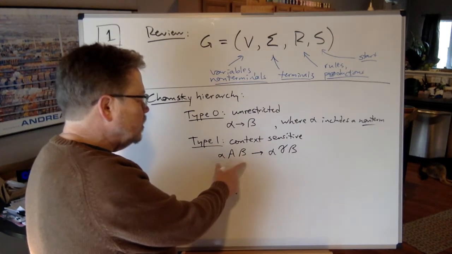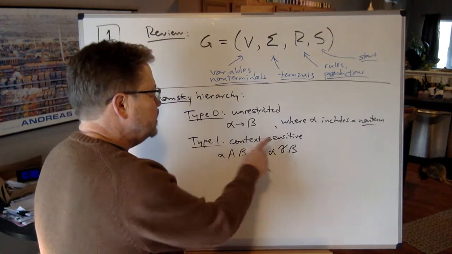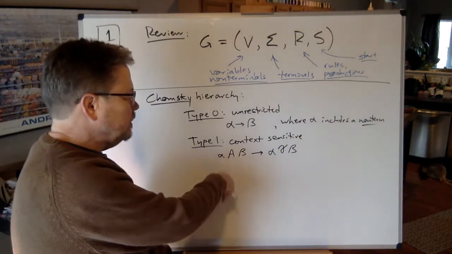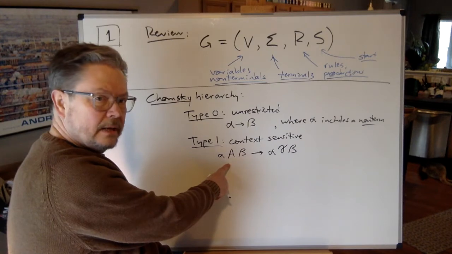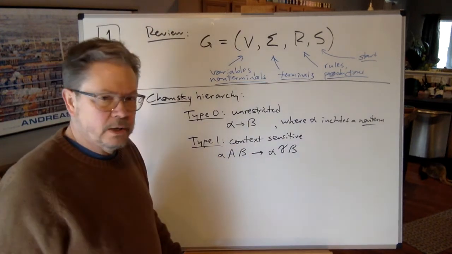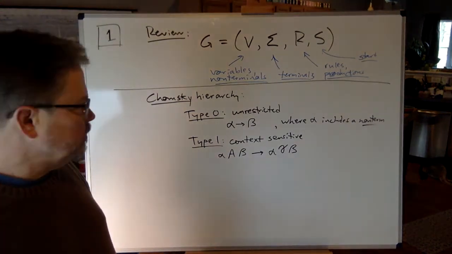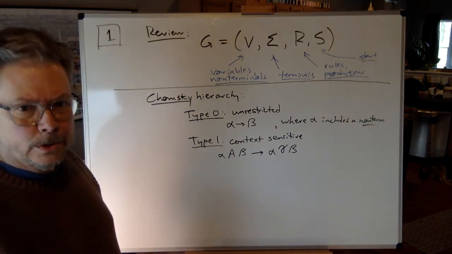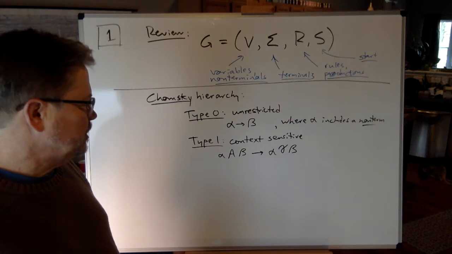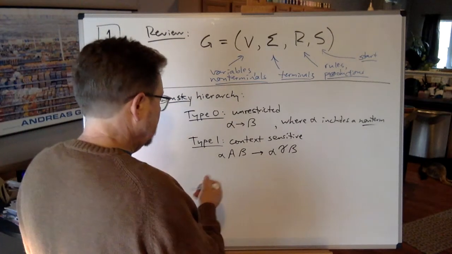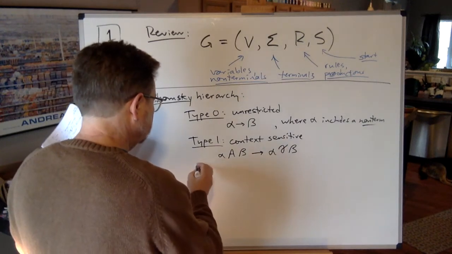But A can only be replaced by gamma in this context. That's why it's called context sensitive. We might have several different productions that have capital A on the left, but they would have different contexts to show the different cases where A could be replaced with different things depending on what's surrounding it. That's a much longer description than I would have tried to write down anyway. I hope that still makes sense. I hope it made sense the first time. It still makes sense now.